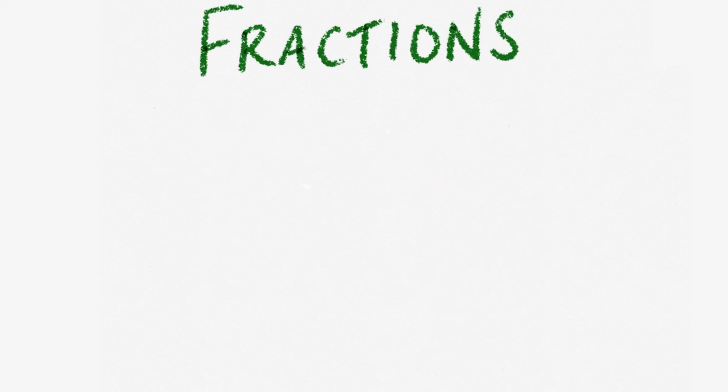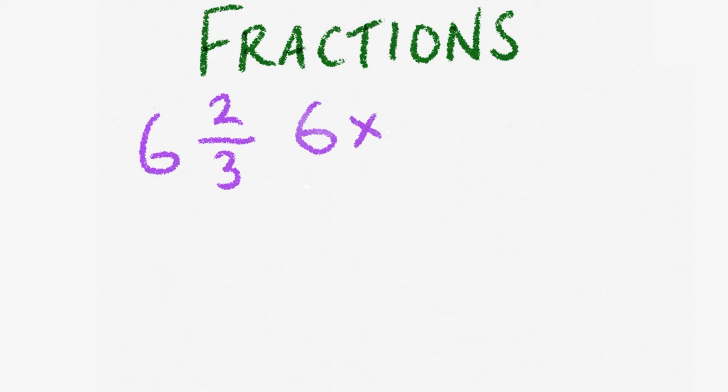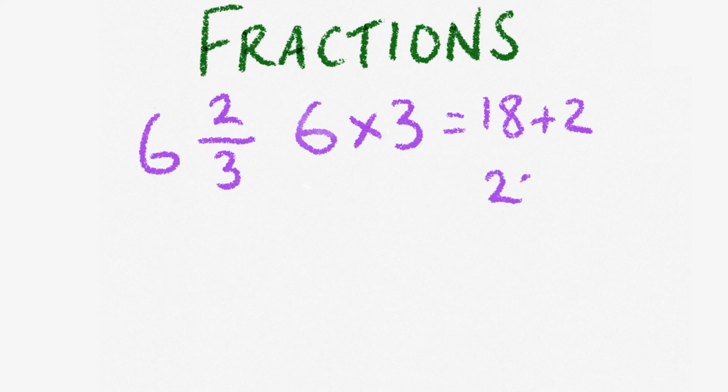Let's try another one. Let's try the number 6 and 2 thirds. All we need to do is multiply our whole number by our denominator, 6 times 3 in this instance, and 6 times 3 of course equals 18, and we simply add the numerator on afterwards, which would equal 20.